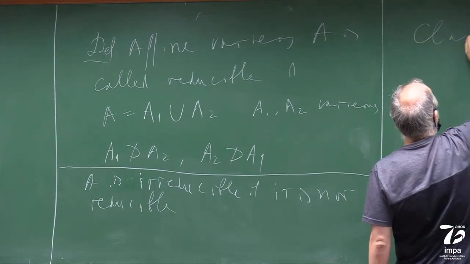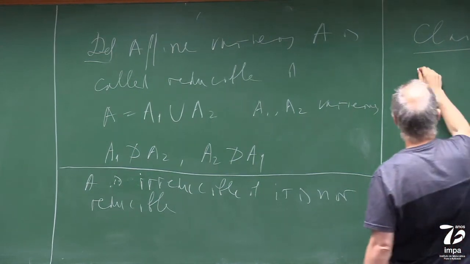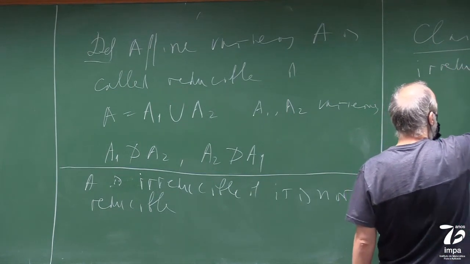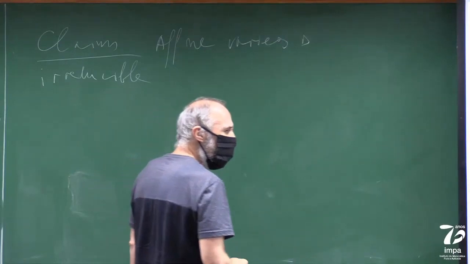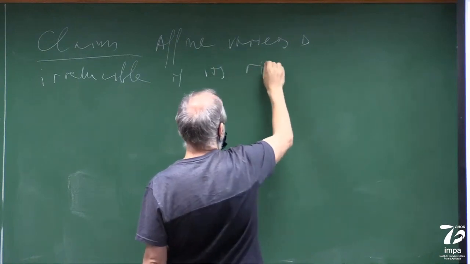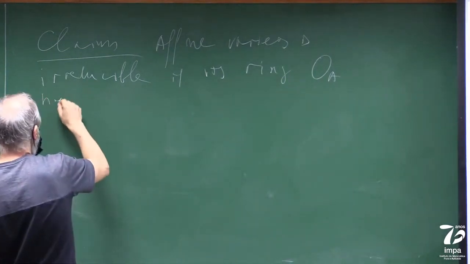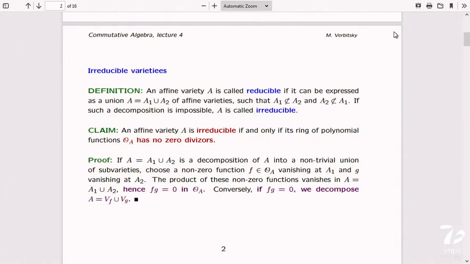Claim: an affine variety is irreducible if and only if its ring of functions, its structure ring, which is the ring of polynomial functions on this variety, has no zero divisors, meaning that there exist no nonzero f and g such that fg is equal to 0.